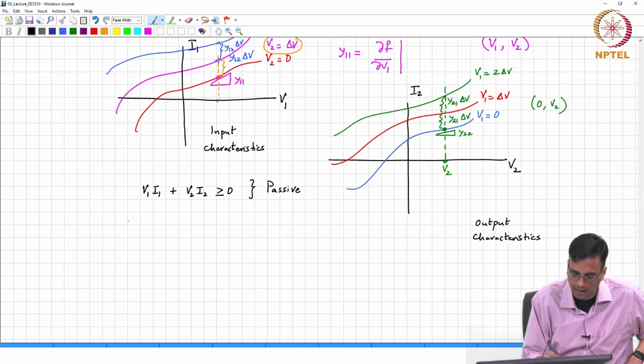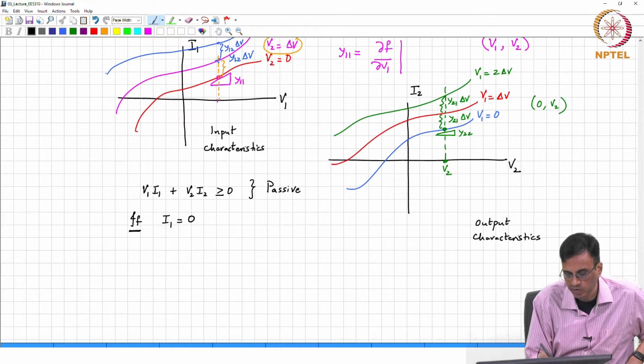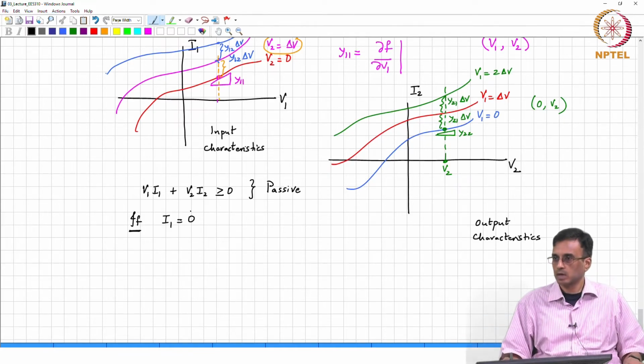Now, under the special condition that I1 equal to 0, correct. If for example, we had a two port where the input current was 0, right. What comment can we make about passivity therefore?